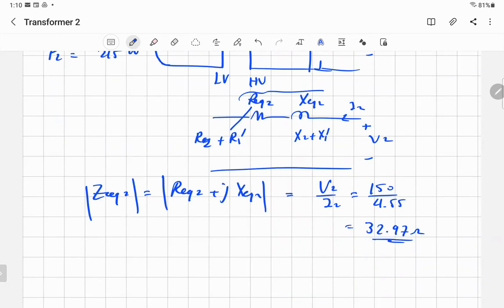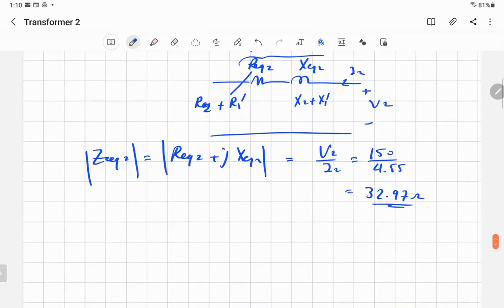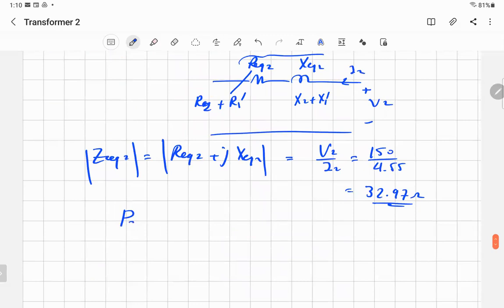Now you want to find how much R, how much X. You go to the power, as we did exactly. The power is always related to the resistance. So the power that you have is 215. How can you calculate the power? Well, power is equal to I squared R. Now I'm not going to use V. Why? Because R and X are connected in series. The other branch was in parallel.